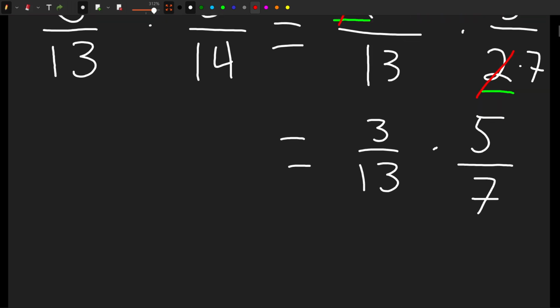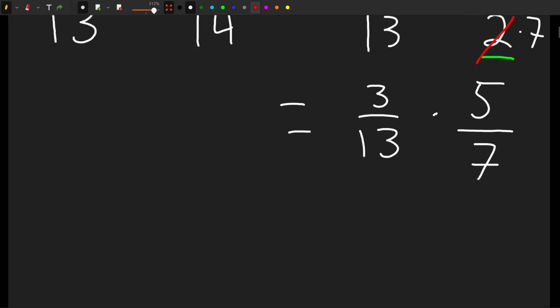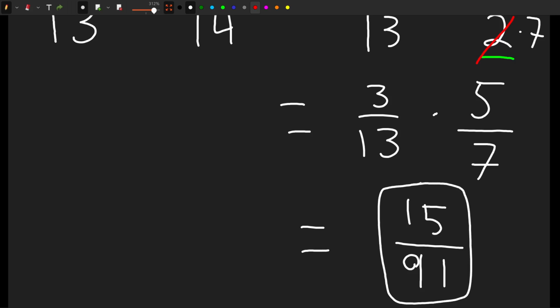And so our number gets a little bit simpler. On the top, we are left with 15, and 13 times 7 is 91. And after that, I believe that is simplified. 91 is not divisible by 5 or 3, so that is our answer, in simplest terms, that is.